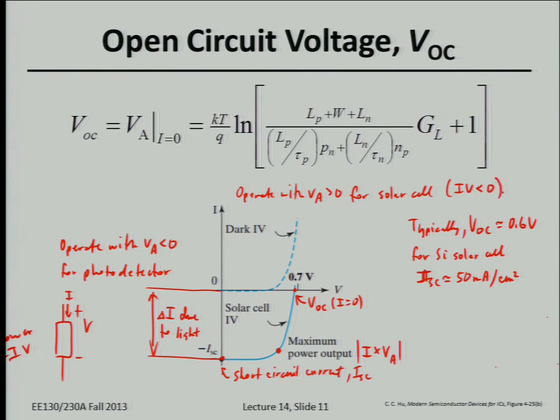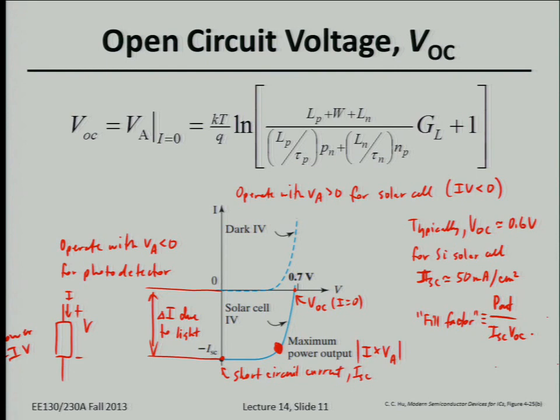All right, so this is the optimal operating point here. A lot of times you'll hear something called a solar cell fill factor. That's defined to be the power output over I_SC times V_OC.